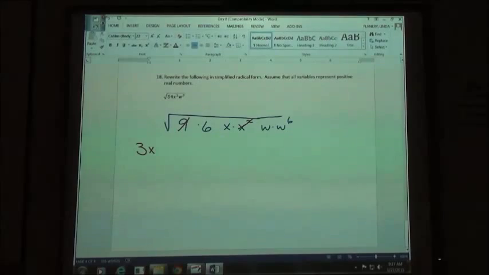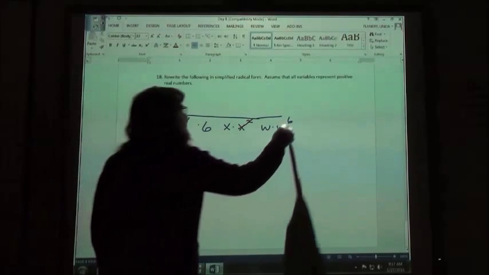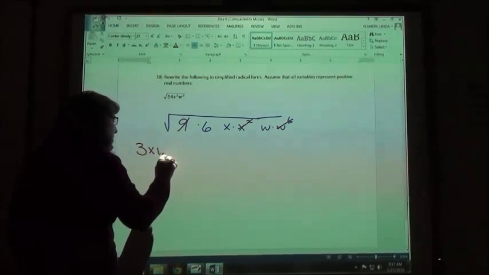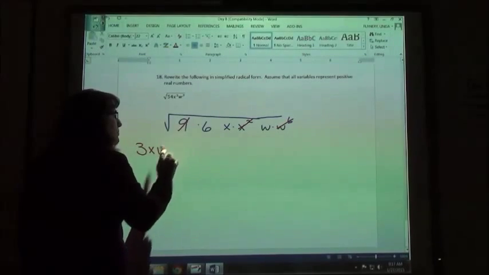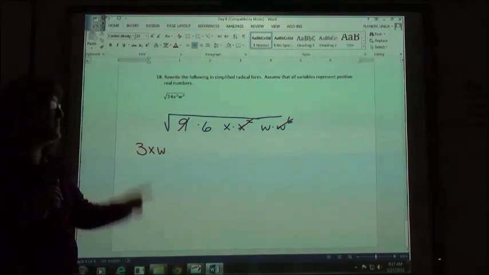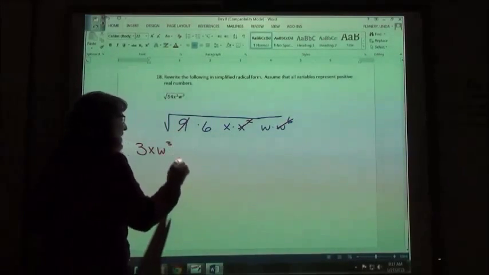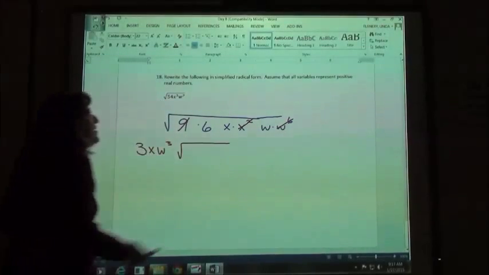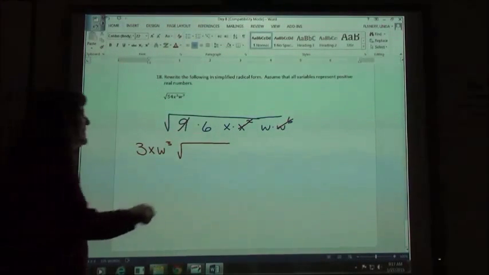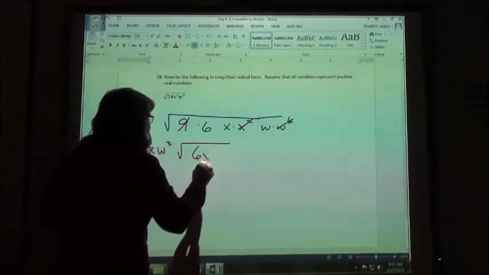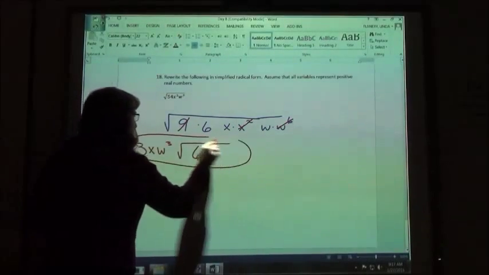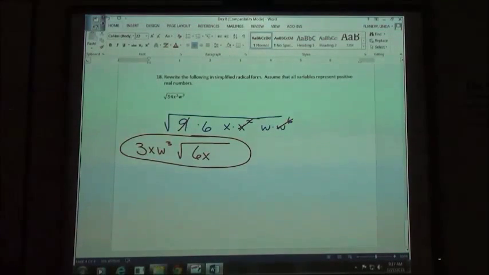And then your w to the 6th, the square root of w to the 6th is w cubed. And I have what left underneath my radical? 6x. So we get 3xw cubed square root of 6x.